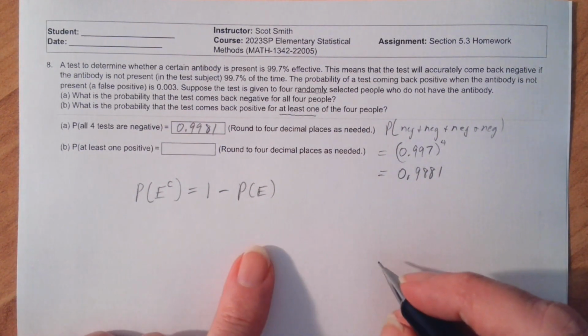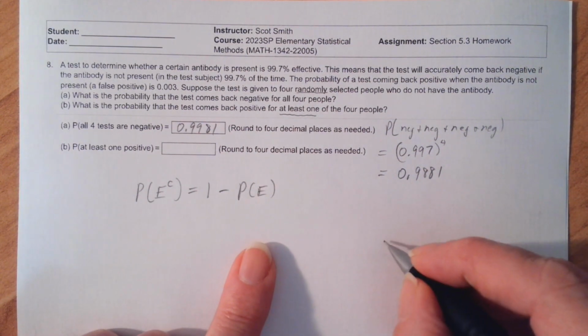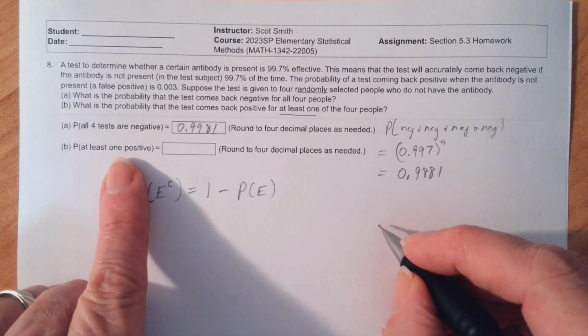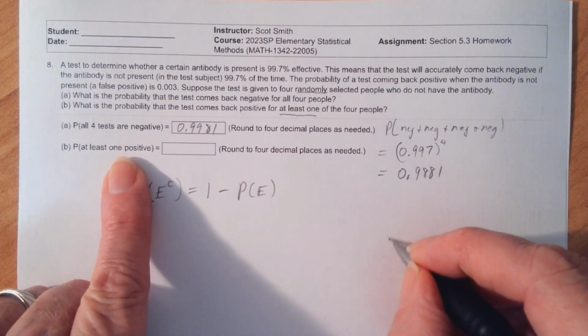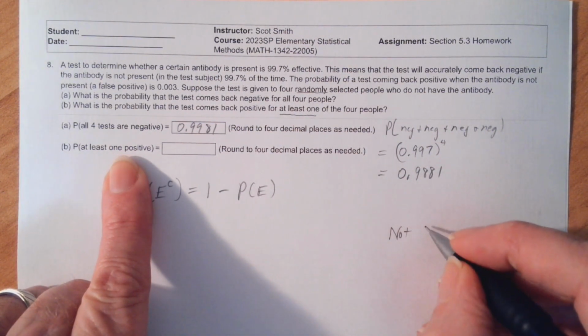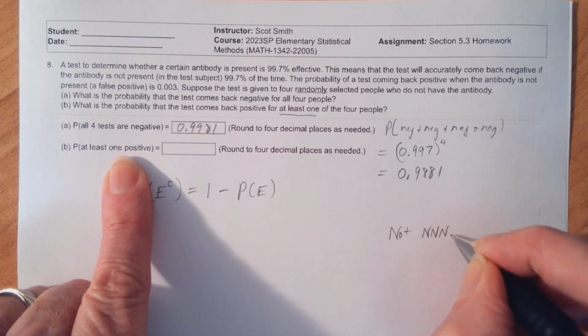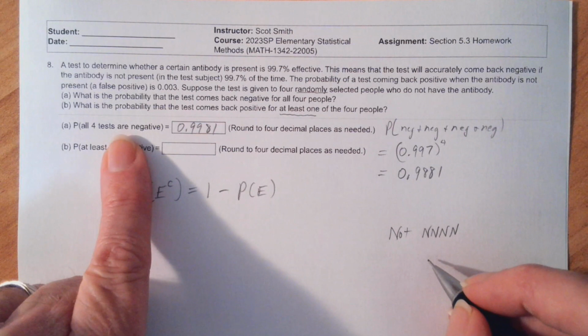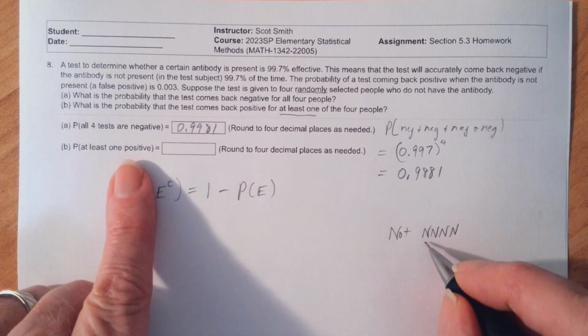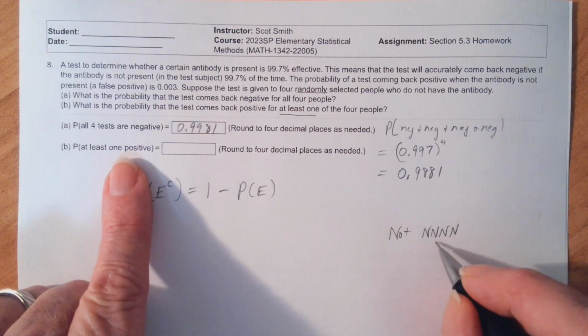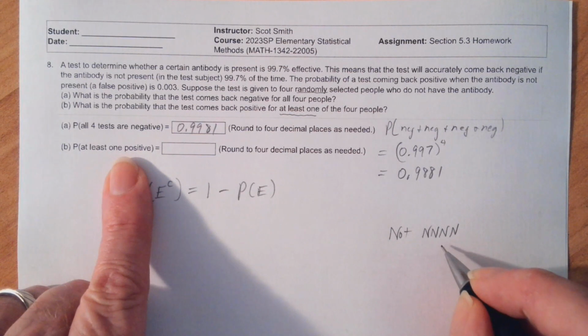Now let's think about this. So at least 1 is positive. That means we do not have 4 negatives, because we have 4 tests. And so at least 1 positive means we don't have this.